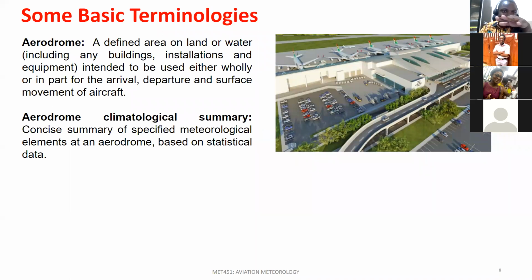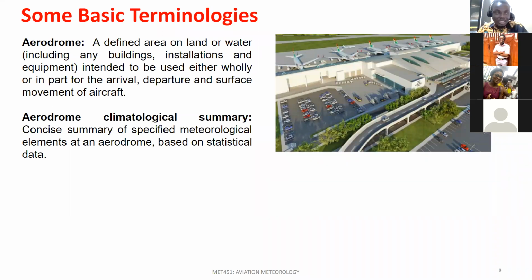I mean, sometimes you have some aerodromes or some landing stations on the sea. And even in some cases, you can have some very big ships serving as aerodromes for some fighter jets and so on. So when you look at an aerodrome, it's purely the area that the airline will be stopping, will be taking off from, together with all its surface movements.